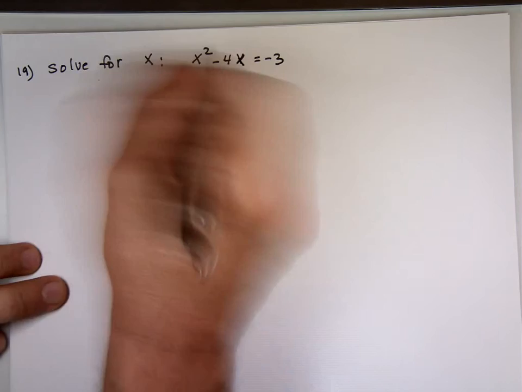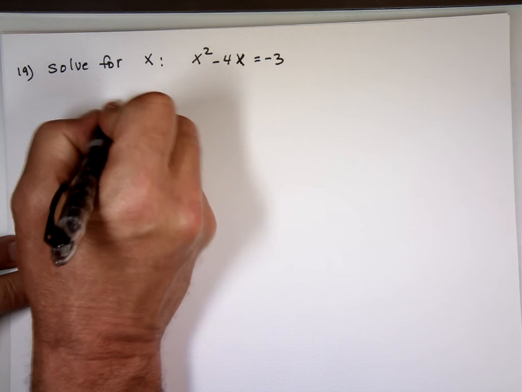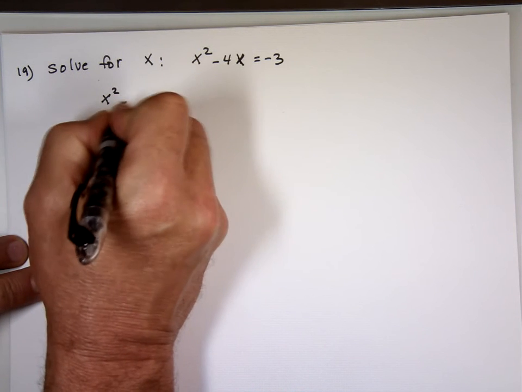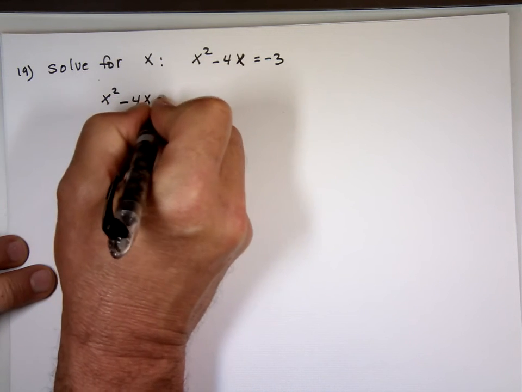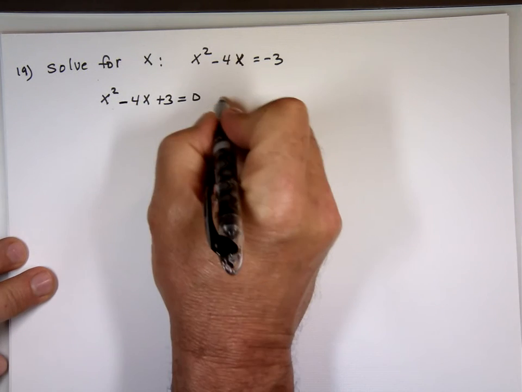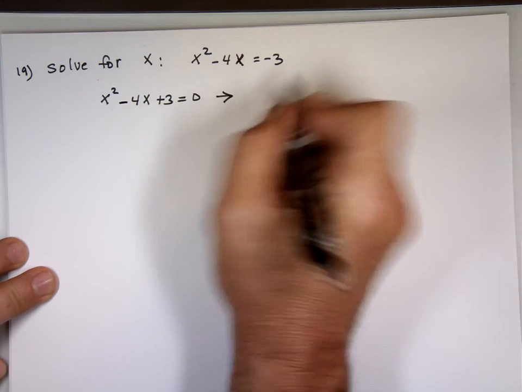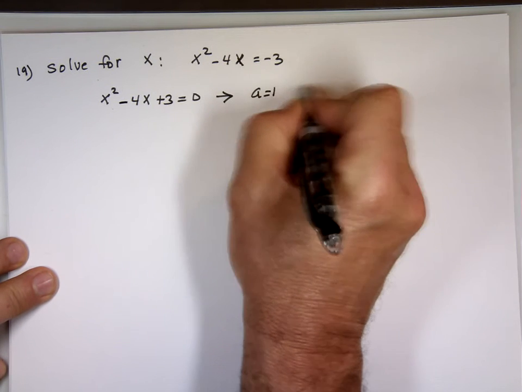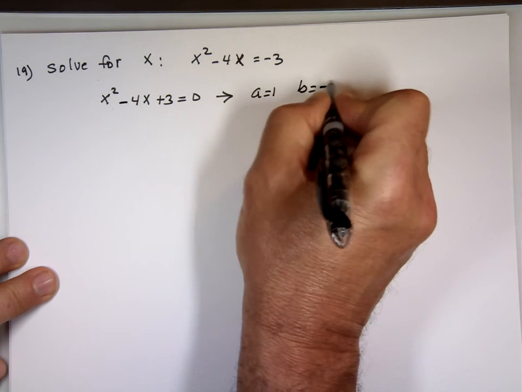Step number 1, move everything to one side. x squared minus 4x plus 3 is equal to 0. Identify a, b, and c. a is 1, b is negative 4, and c equals 3.